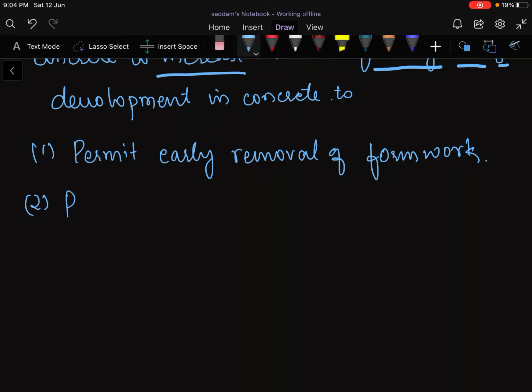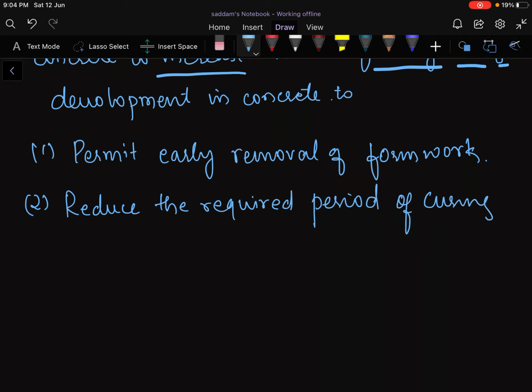Second one is to reduce the required period of curing. If you want to reduce the period of curing, you can make use of the accelerators again.